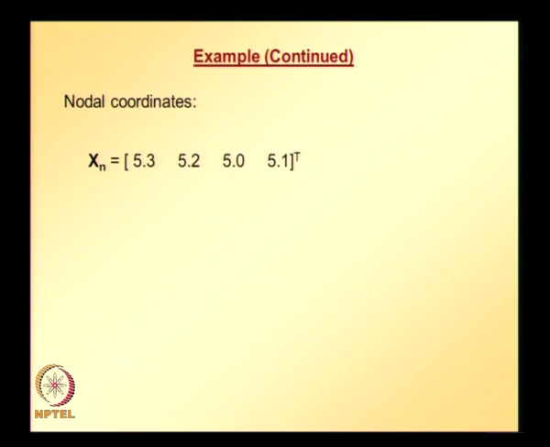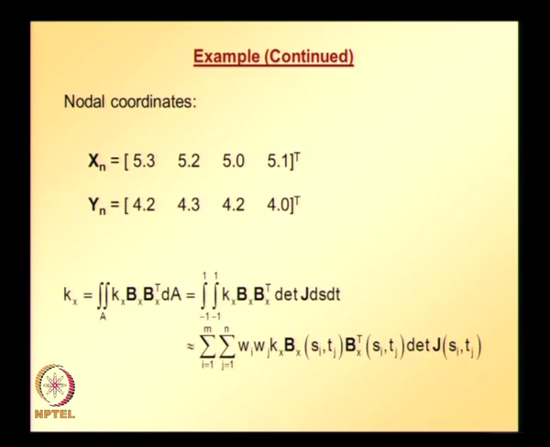So, nodal coordinates can be written in this manner. And we need to evaluate this integral using 2 by 2 integration, that means 2 points in the S direction and 2 points in the T direction.